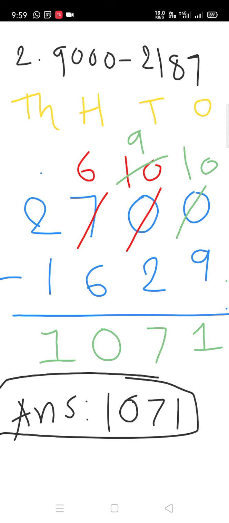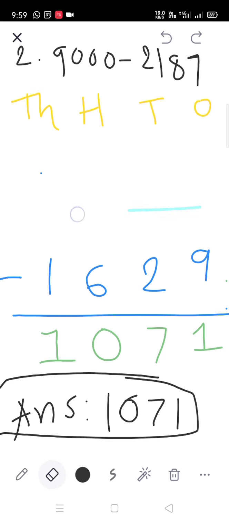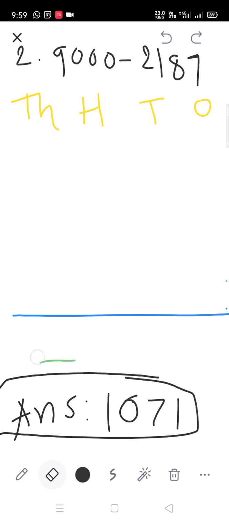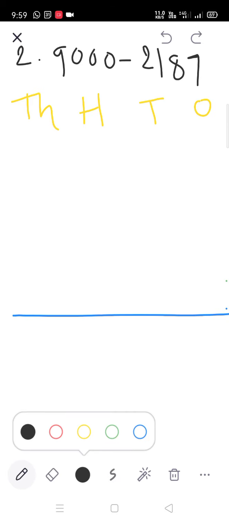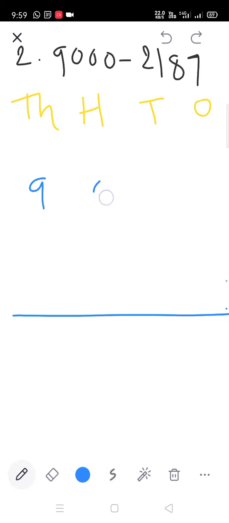Okay, so let's start to solve it. Okay, so what is the question? It's 9,000 minus 2,187.